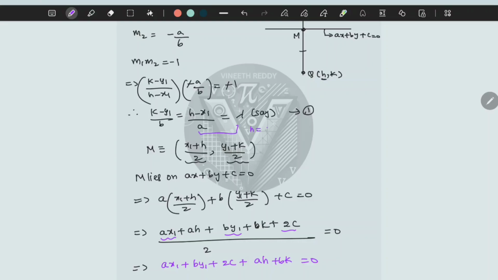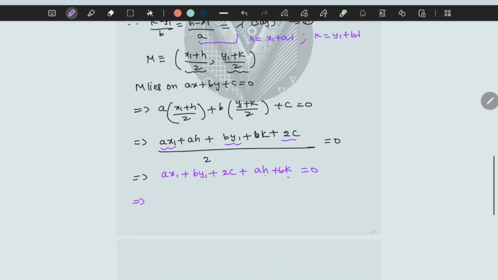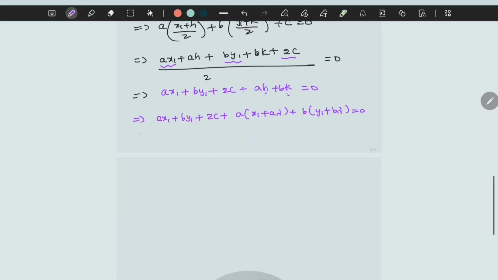Now we need to replace h and k again from these two. If I equate these two, h = x1 + a lambda, and if I equate these two I get k = y1 + b lambda. Now I replace h and k with these quantities, so I get ax1 + by1 + 2c + a(x1 + a lambda) + b(y1 + b lambda). If you carefully observe, I have one ax1 and from here I get another ax1, so I get 2ax1.